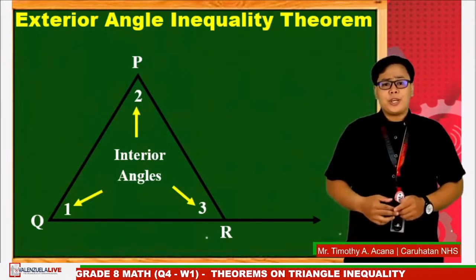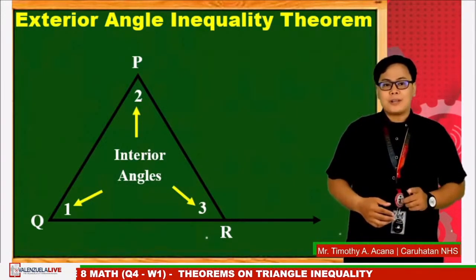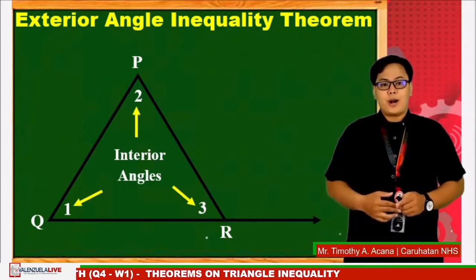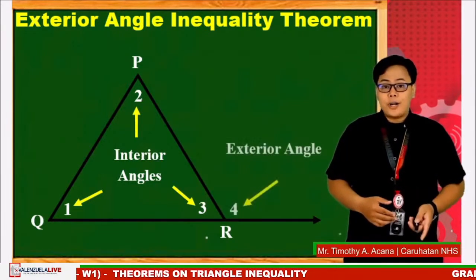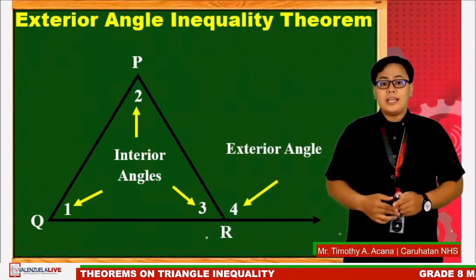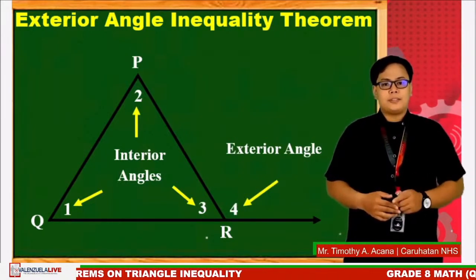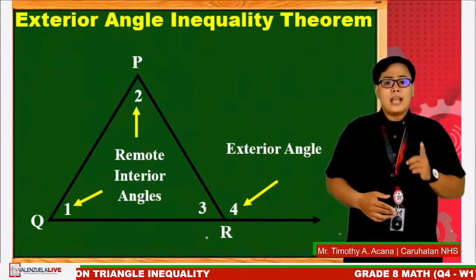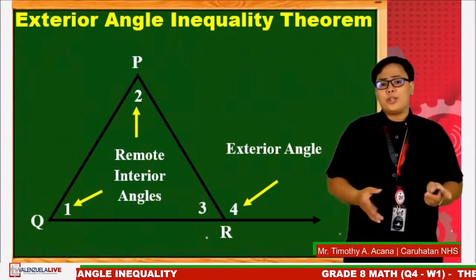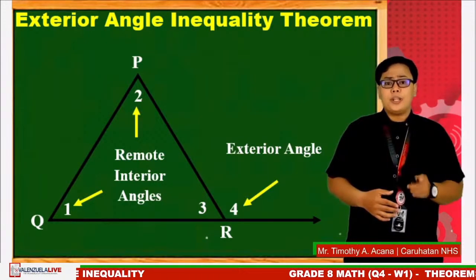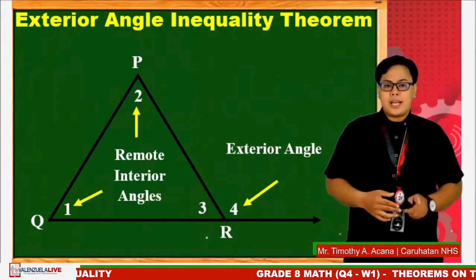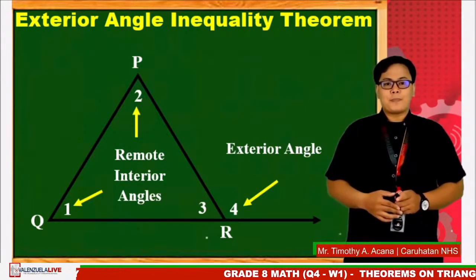Angles 1, 2, 3 are called interior angles of triangle PQR. And angle 4, with respect to angle 3, is called the exterior angle. Angle 1 and angle 2, on the other hand, are also called the remote interior angles of angle 4.